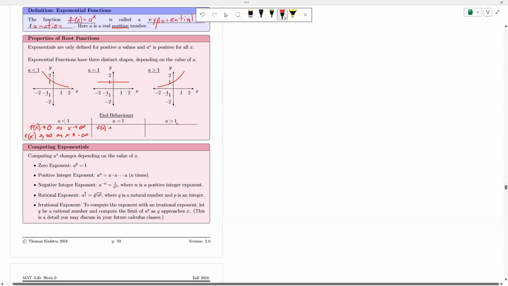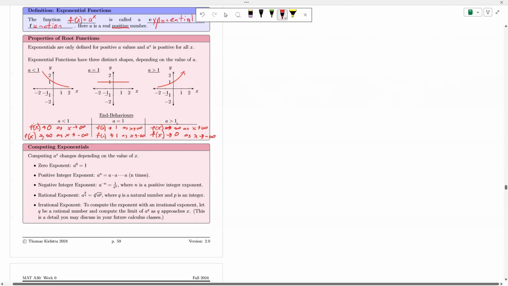So f of x approaches 1 as x approaches infinity, and f of x approaches 1 as x approaches minus infinity. Now, when a is greater than 1, f of x approaches infinity as x approaches infinity, so our right end behavior is positive infinity, whereas our left end behavior is 0. So f of x approaches 0 as x approaches minus infinity.